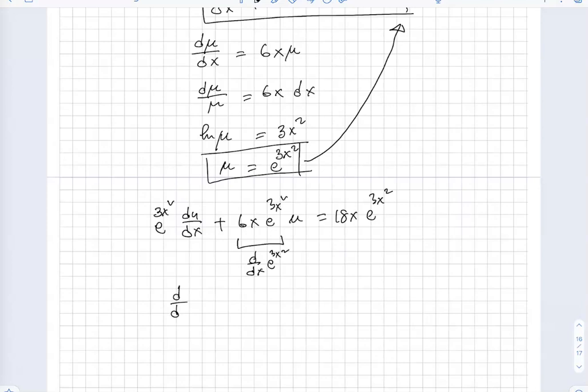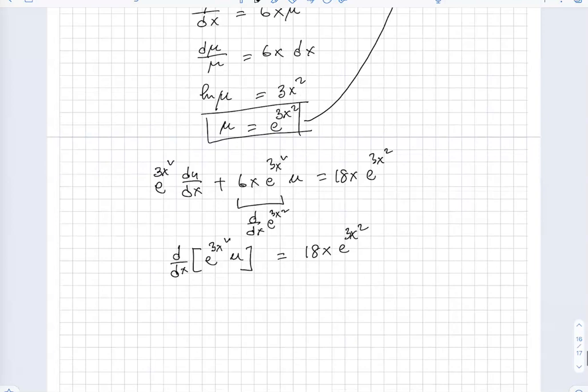So you can write the left hand side as a perfect derivative of the product of two quantities, using the product rule. Now the left hand side is a derivative, so we know its antiderivative, e to the 3x squared times u.